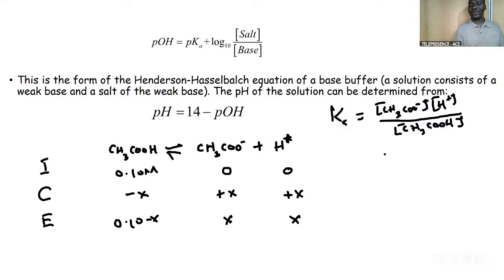If you put that according to what we have obtained from the ICE table, they become X squared over 0.1 minus X. Now Ka is given as 1.8 to the power of minus 5. So our objective is to find out what X is. We are saying that X is less than 0.1, such that 0.1 minus X is approximately equal to 0.1.